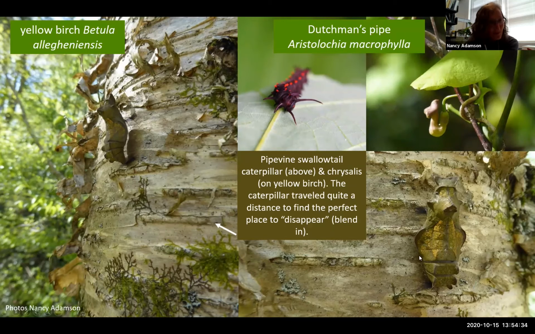So if 20 people captured a chrysalis of a pipevine swallowtail and 15 of them were on a yellow birch, then we're going to start thinking differently about what habitat is needed for that caterpillar.